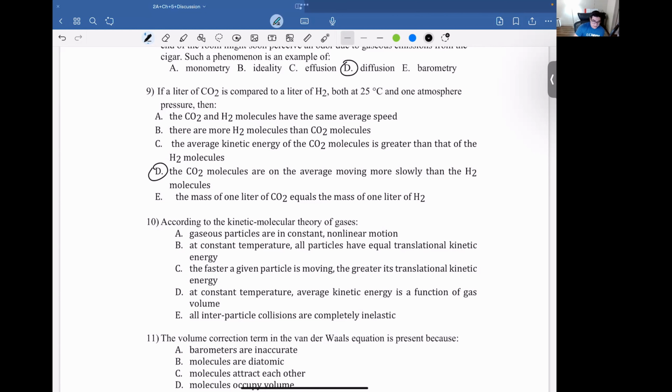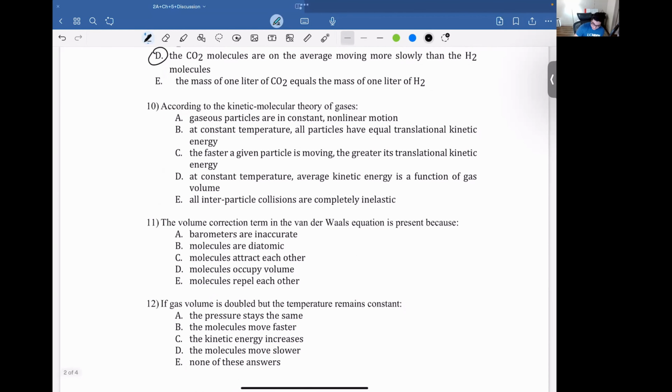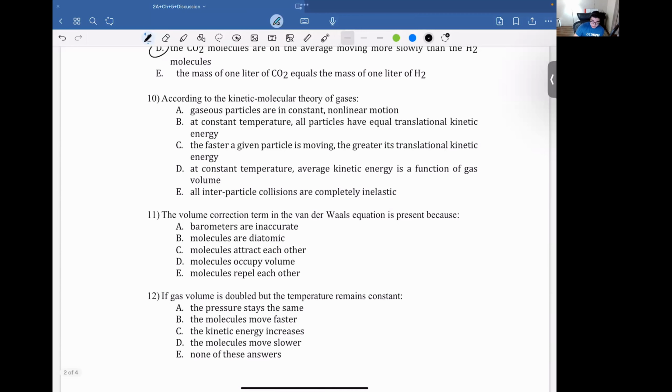You can relate this to physics with kinetic energy equals 1/2 mv squared. Given some kinetic energy, they're the same for the CO2 and H2. The larger the mass, the smaller the velocity is. Then E says the mass of 1 liter of CO2 equals the mass of 1 liter of H2. Not true, right? 1 liter of CO2 will weigh more.